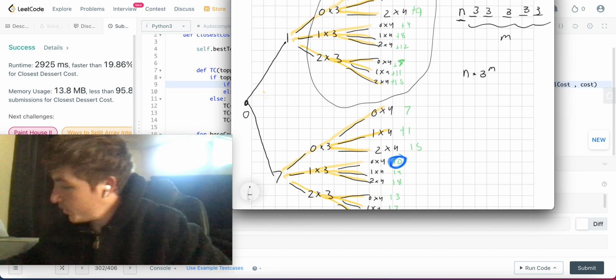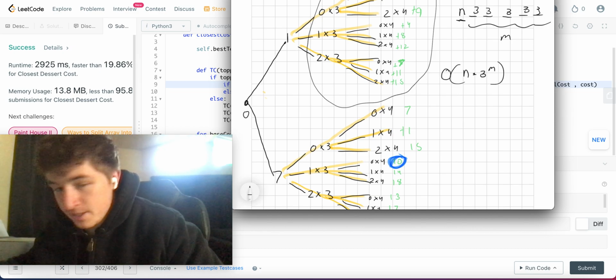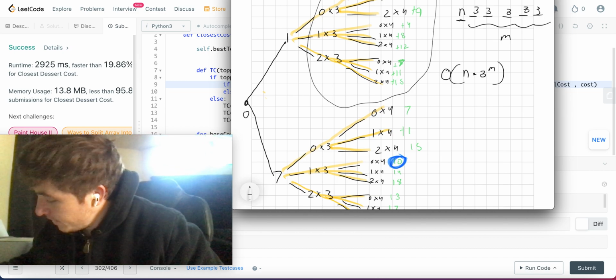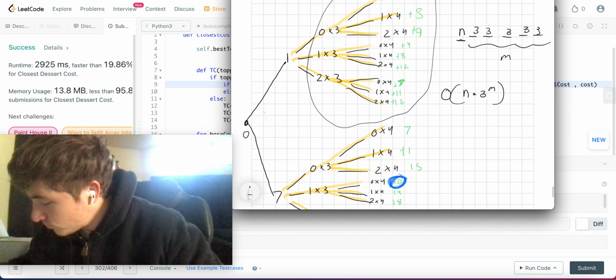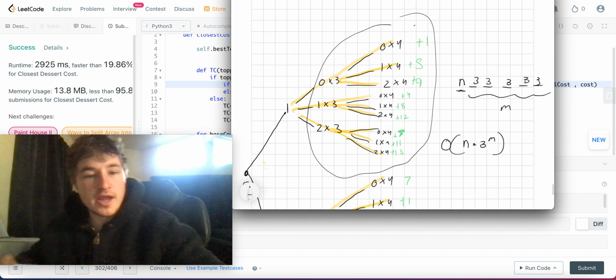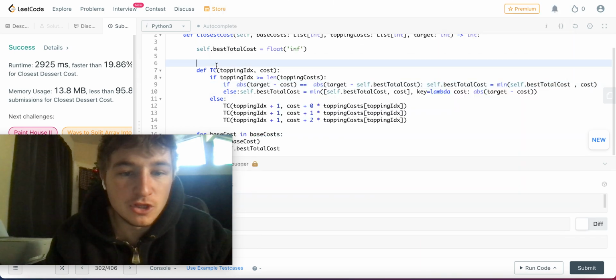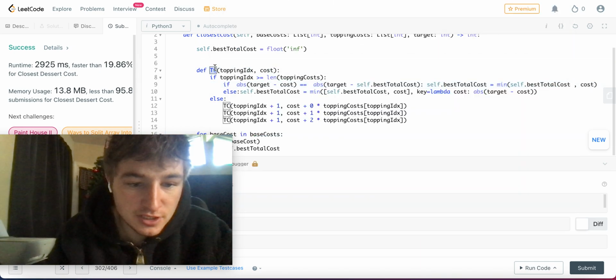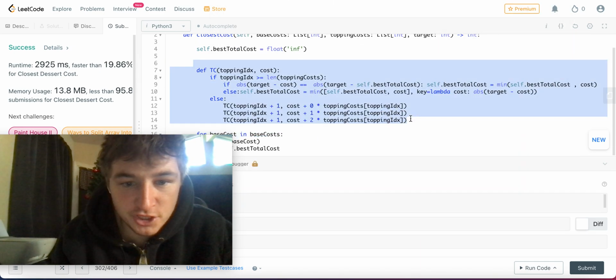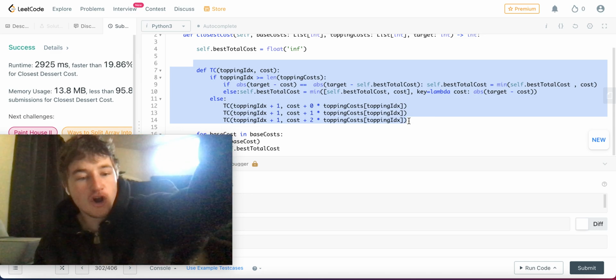So we've already established the runtime. And for space, it's going to be the same, because you have to create stack space to run this recursive function, and you're going to have to do that for each of the calls that you make.